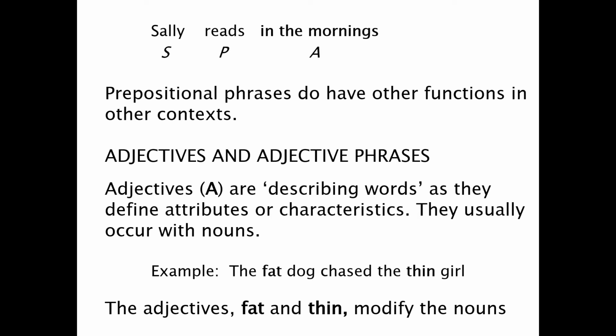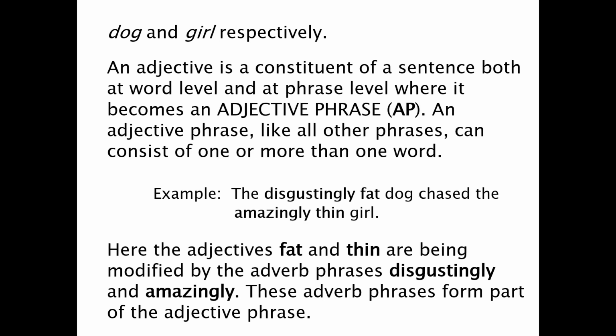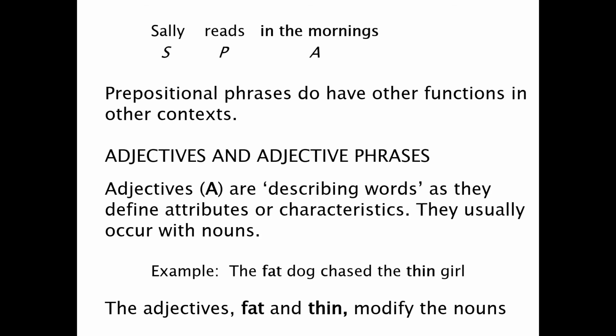But if you want to be more specific or accurate, you have to say an adjective is a word which usually pre-modifies a noun. In Arabic, the situation is different because the adjective comes after the noun.